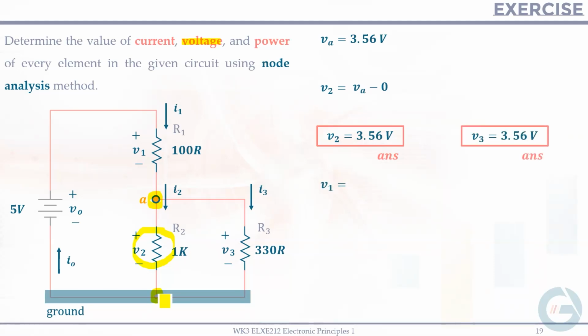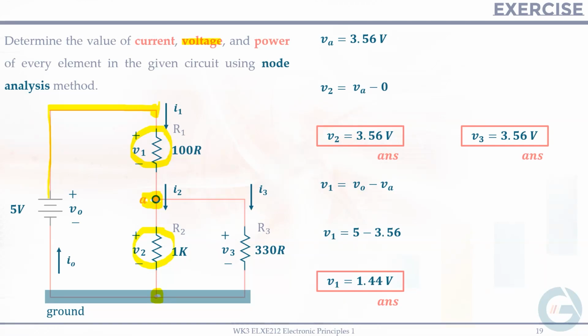And V1, this one, has a terminal connected to VO and another terminal at VA. So V1 is VO minus VA, so 5 minus 3.56, and V1 is 1.44 volts. So these are the voltages across the resistors R1, R2, and R3.